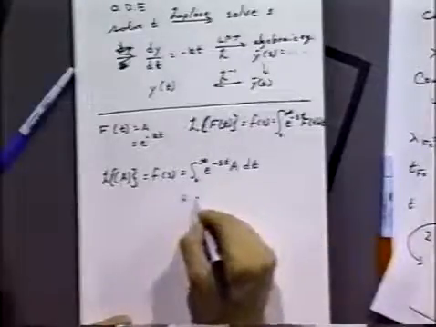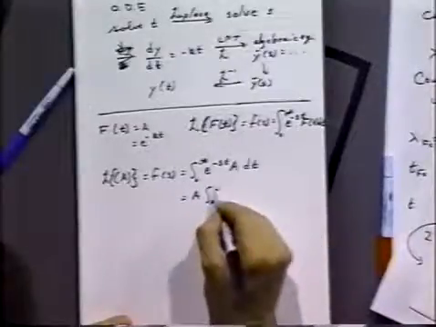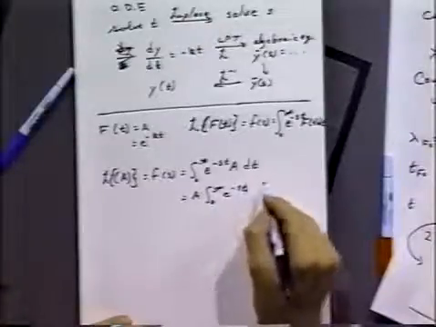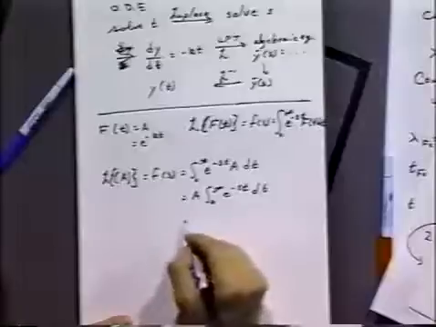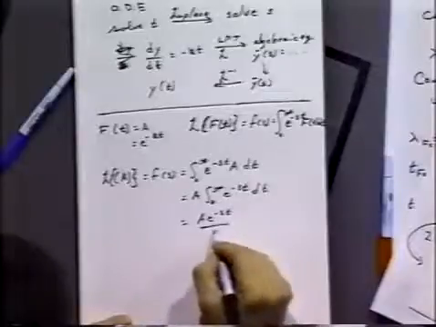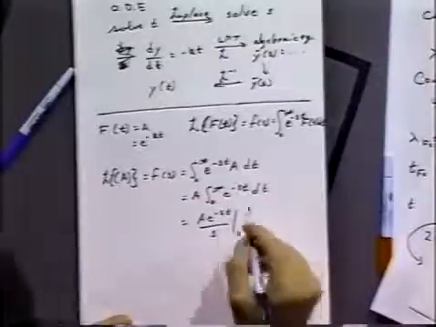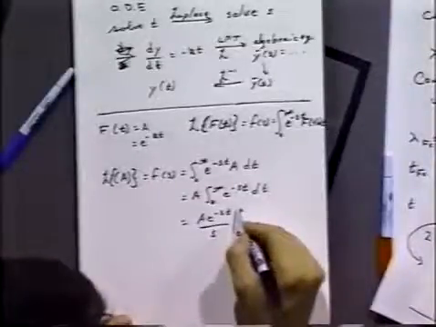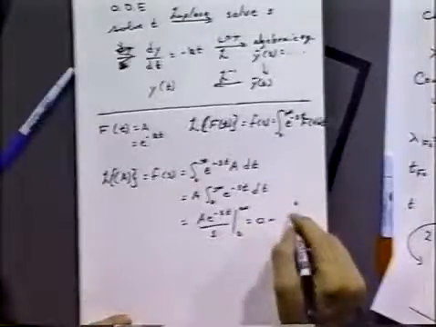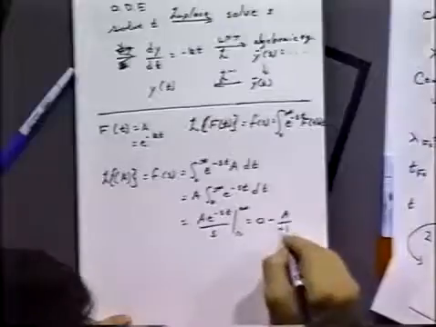And that equals A times the integral from 0 to infinity of e to the minus st dt. We do that integral, we evaluate that from infinity to 0, and we get the result of 0 minus A over minus s.